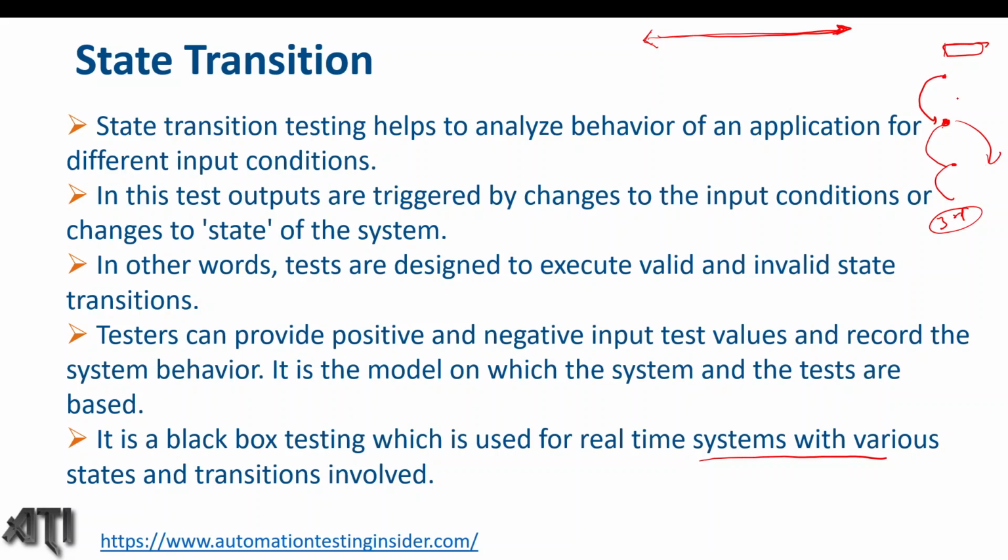There are a couple of states over here. One is valid, where when we enter the correct password, we should be able to get our money. And if you enter the wrong password, then it will try for the next attempt. So this is an example of state transition. Let's understand this in detail in the next slide.